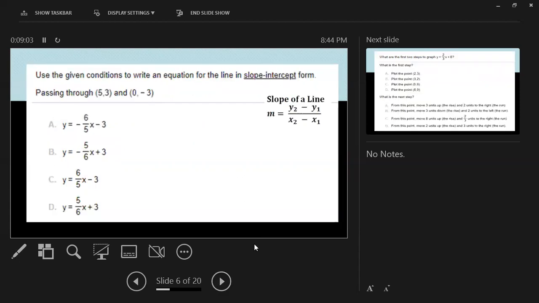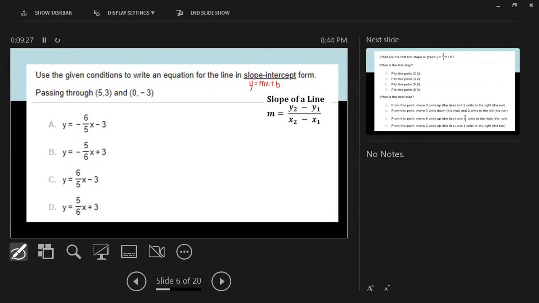All right, so for this particular item, it says use the given conditions to write an equation for the line in slope intercept form. Now, don't forget, slope intercept form is y equals mx plus b. So I'm going to write that right here. y is equal to mx plus b. That is slope intercept form.